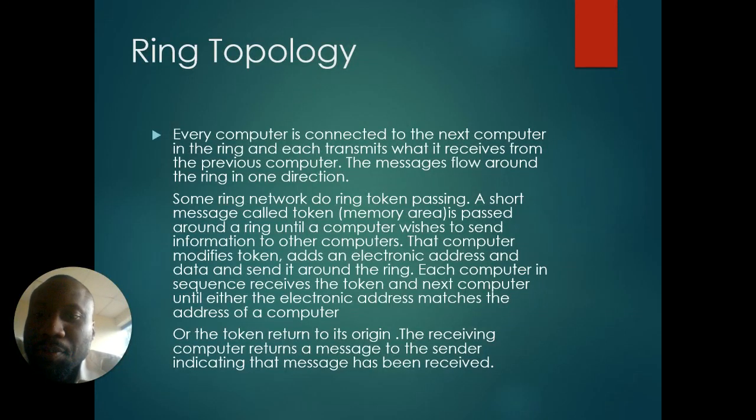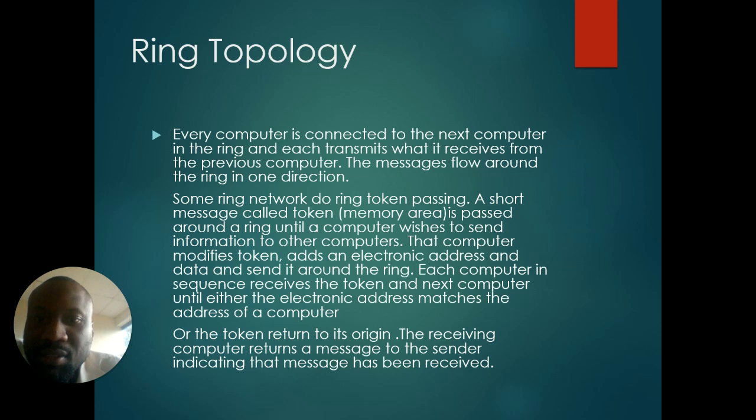So third, ring topology. Every computer is connected to the next computer in the ring, and each transmits what it receives from the previous computer. The messages flow around the ring in one direction. Some ring networks do token passing. A short message called a token is passed around the ring until a computer wishes to send information to other computers.